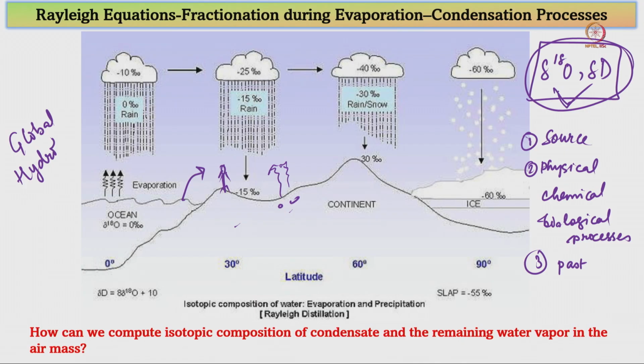So, it's a mixture, that is condensation is happening and then that rainfall is happening.